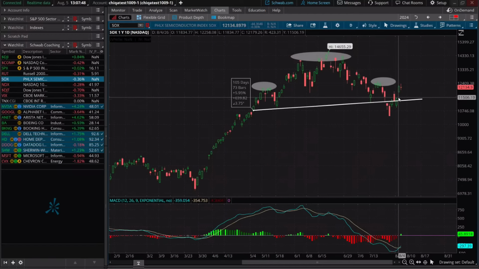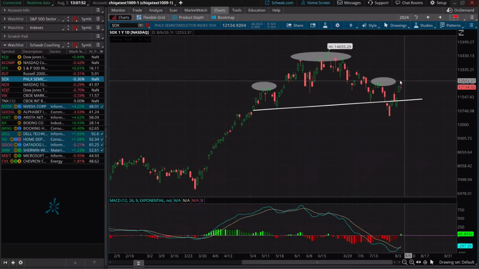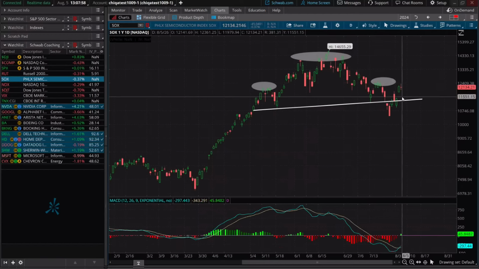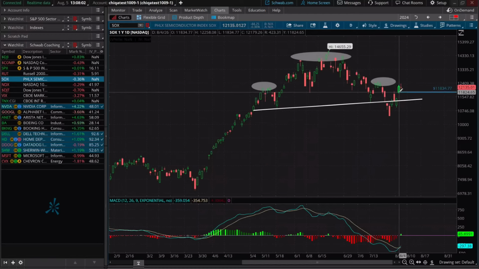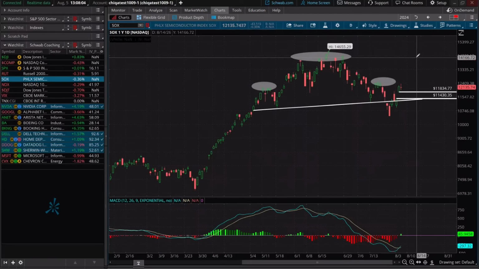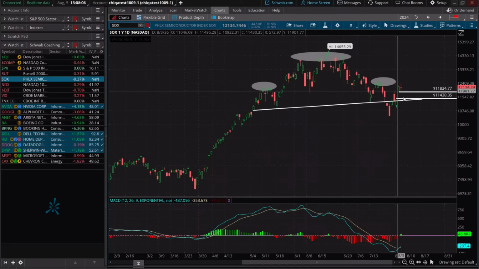Just within 3 days, that price was reclaimed, and now we may find a little bit of resistance at that right shoulder. We did see that little shift in momentum, so maybe we'll see a little retest of this gap here in the semiconductors. So be on the lookout for that.